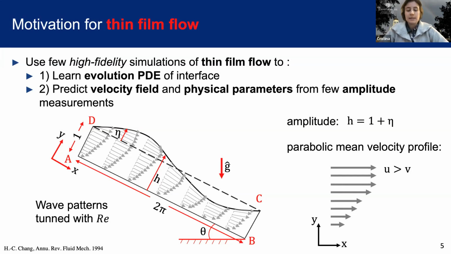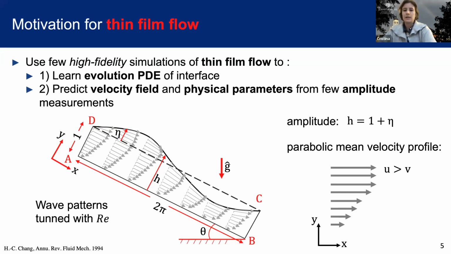Here in this illustrative picture, you can see that the velocity field is parabolic, and you can reproduce different wave patterns for different Reynolds numbers for this flow. To understand the dynamics of this type of flow, tracking the amplitude of the wave is sufficient, instead of the full velocity field that you can compute by solving Navier-Stokes, which is more expensive.